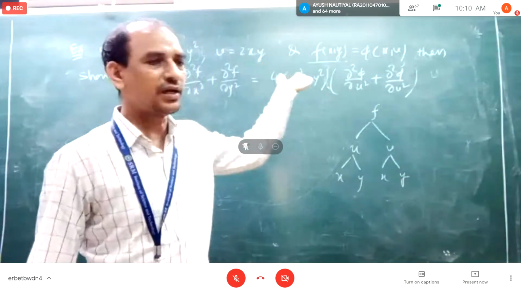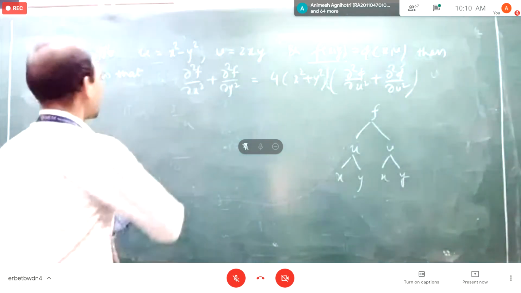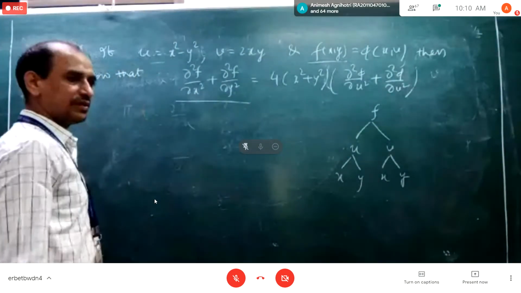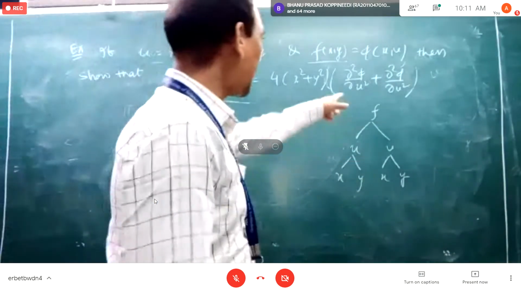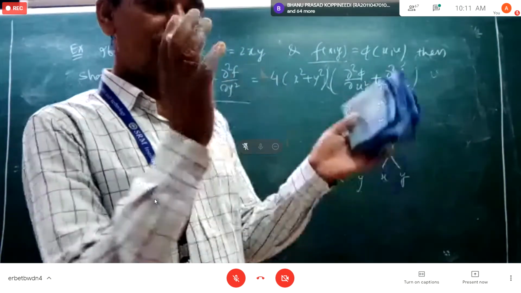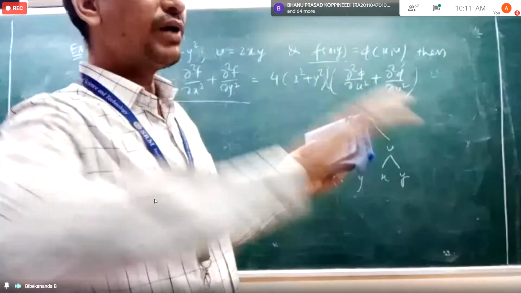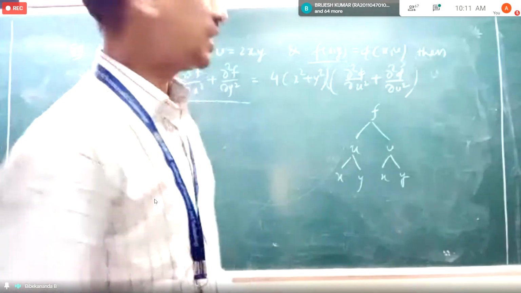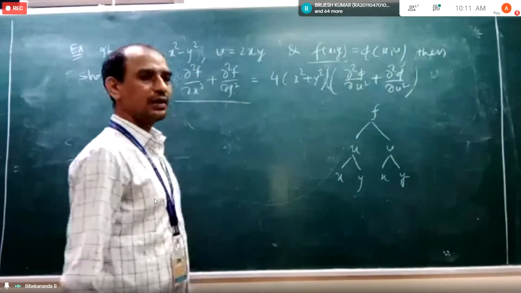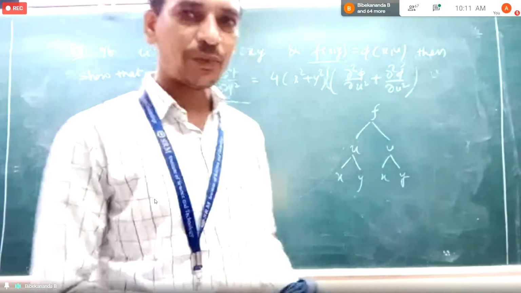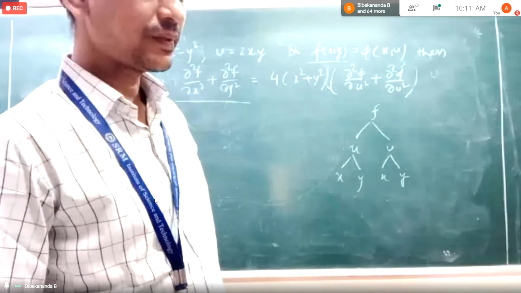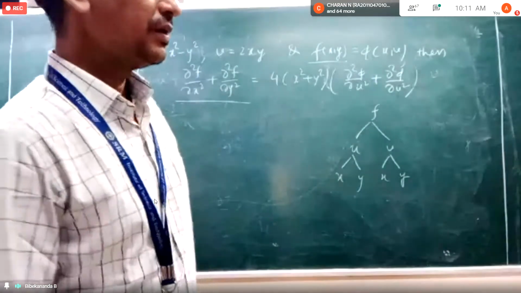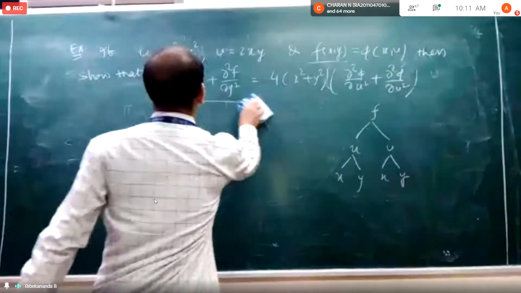You can write phi also there, but here our starting left hand side is f, so I am starting with f, because by taking the left hand side I want to show the right hand side. That's why I have written the function f. Is it clear to everybody? Yes, sir. Okay. So now we will prove it.